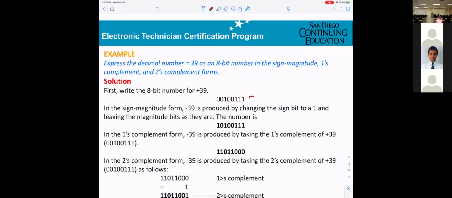If anyone has a problem converting to the number 39, let me know. The thing is you have to use it all the time when working on the lab. So this will be 2 to the power of what? 1, 2, 3, 4, 5. This will be 2 to the power of 2, this 2 to the power of 1.